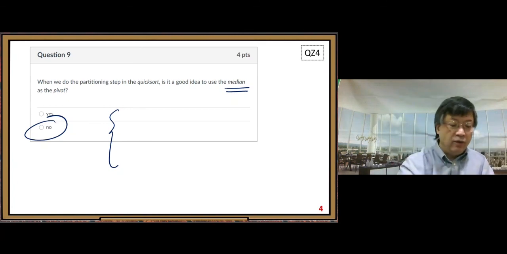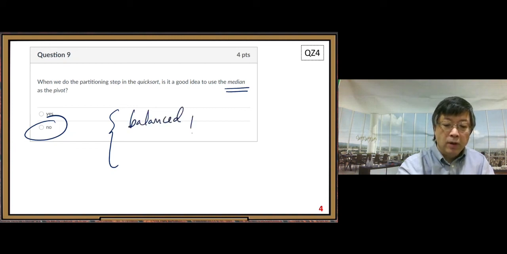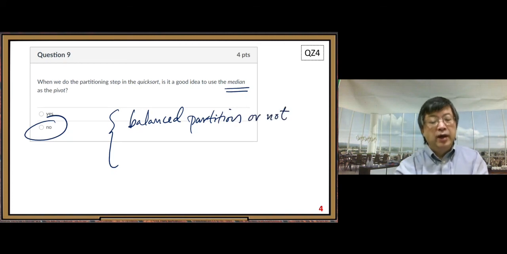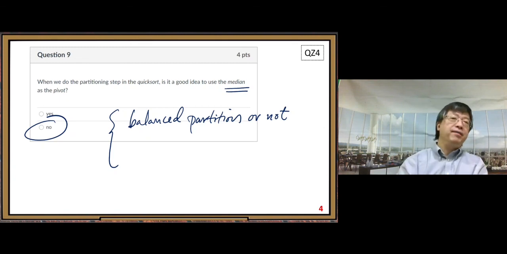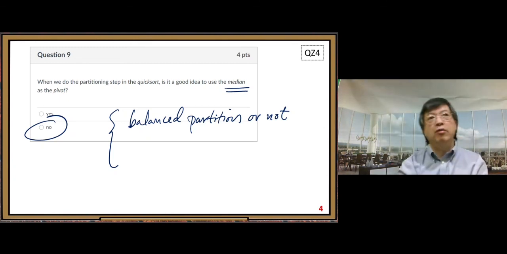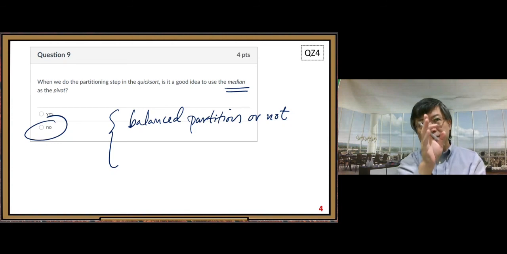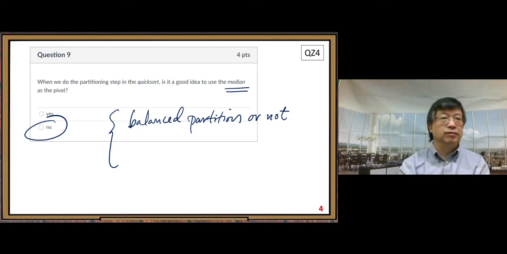One factor is whether the partition is balanced or not. If your partition is more balanced, then better performance.